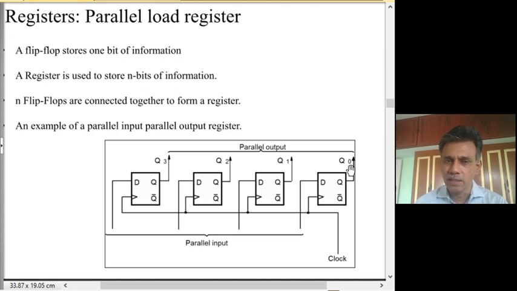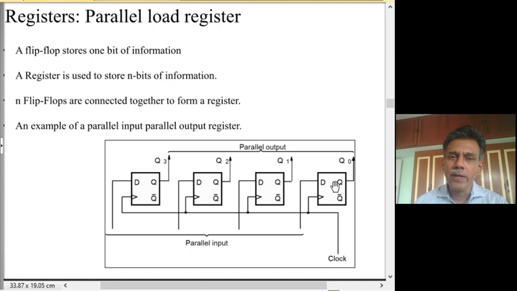Normally in the digital system, when we use an index to designate or identify different bits in a bit sequence, it usually starts by indexing from 0 onwards and not 1. So this bit we call it as Q0, then we have Q1, Q2, Q3. So there are 4 bits which are indexed from 0 to 3.